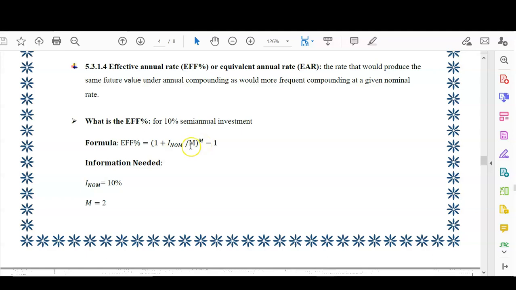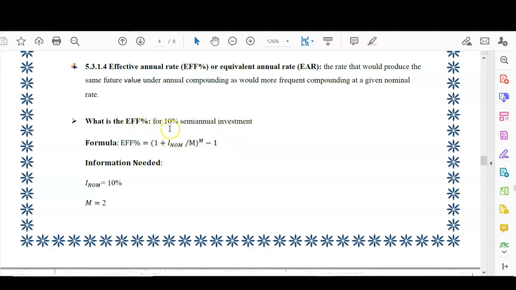Okay, because these two conditions are the same, multiplying by 1 plus effective annual rate to the power of 1 is equivalent to multiplying by 1 plus nominal rate divided by m to the power of m. That's why effective annual rate becomes 1 plus nominal rate divided by m to the power of m, minus 1.